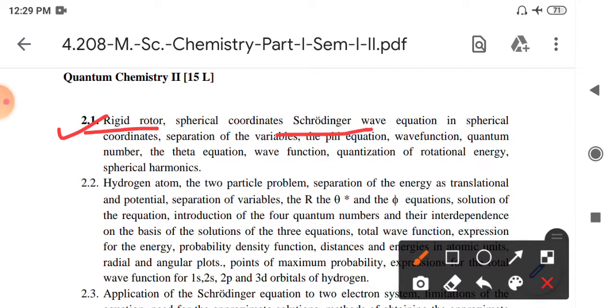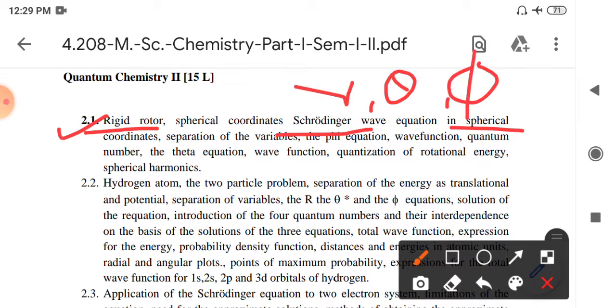In the previous semester we saw it for Cartesian coordinates, that is x, y and z, but in this semester we will apply the wave equation in terms of spherical coordinates, that is r, theta and phi. These three variables are there instead of our regular x, y and z variables. So we'll try to obtain the wave equation for the rigid rotor.